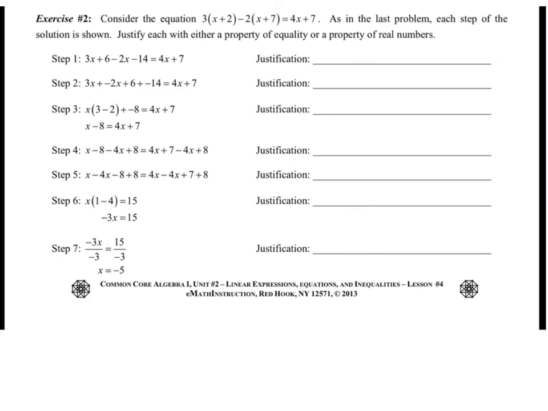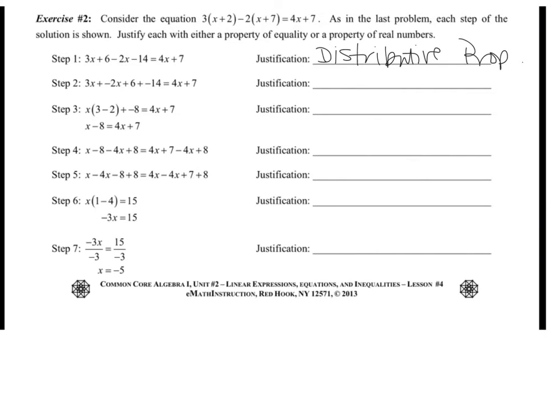Let's look at our first equation. As in the last problem, each step of the solution is shown, and we need to justify with a property of real numbers. So what it did is it looks like it did the distributive property, because it went from 3 parenthesis x plus 2 to 3x plus 6, and so on.